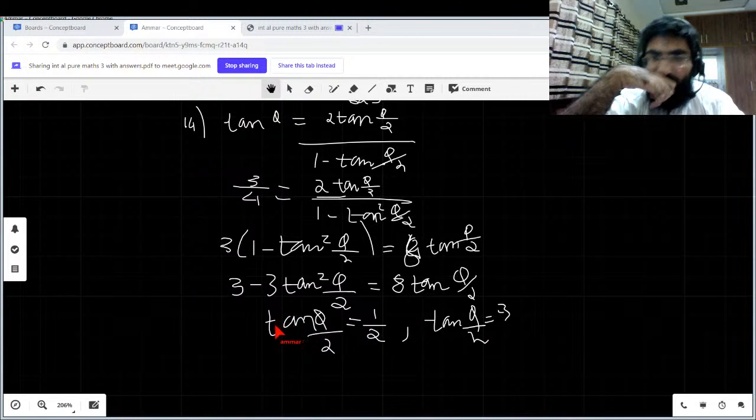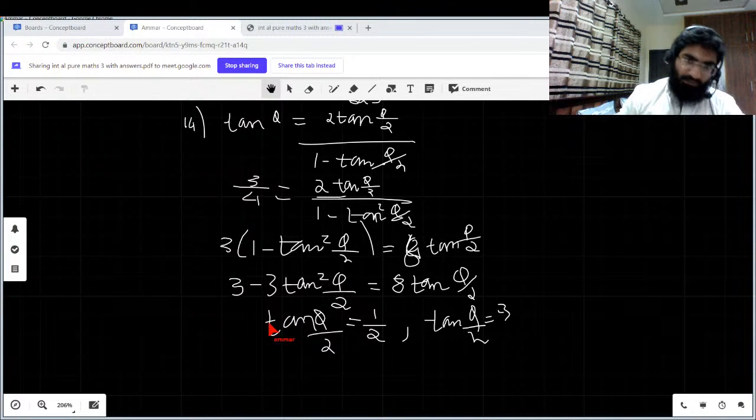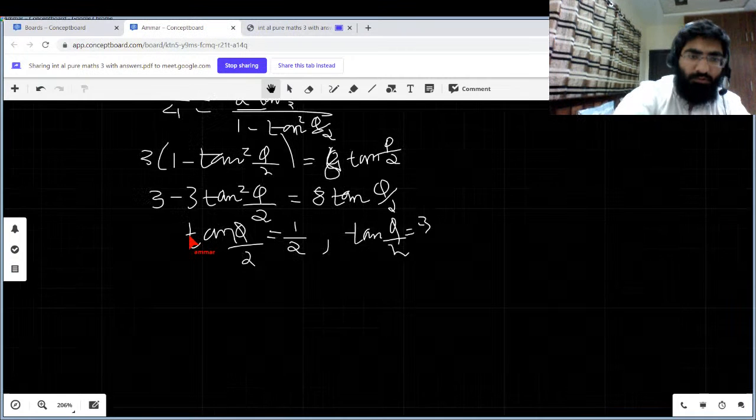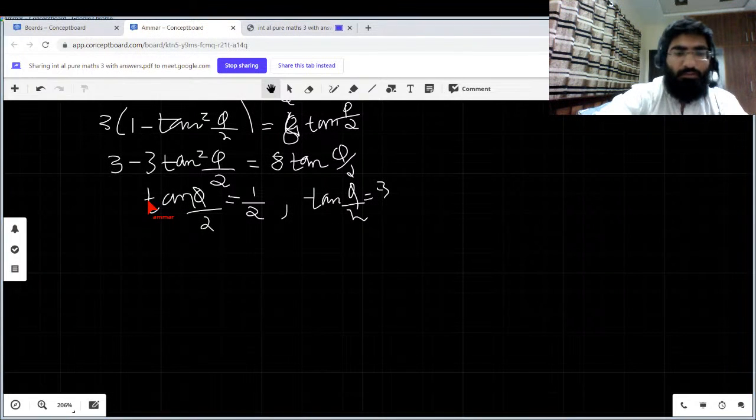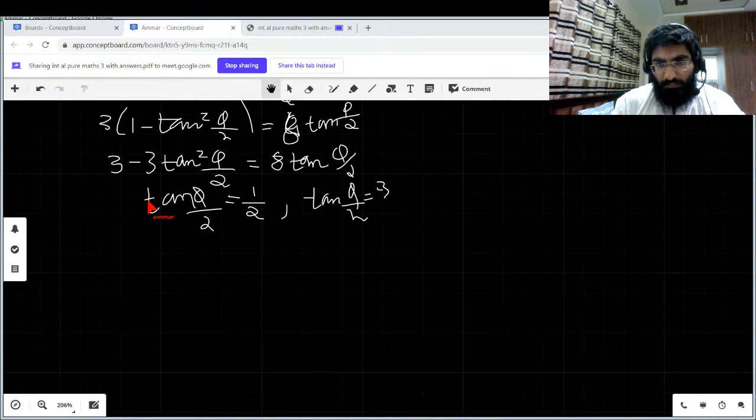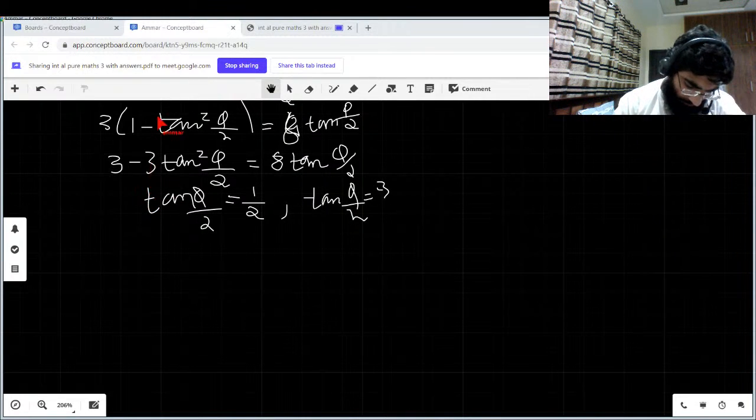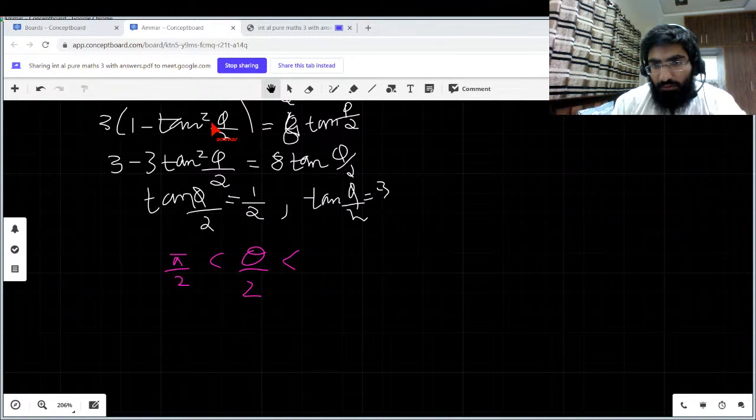Now what? Then can we just divide this thing by 2? Domain, range. Pi by 2 is less than theta by 2, which is less than 3 pi by 4.